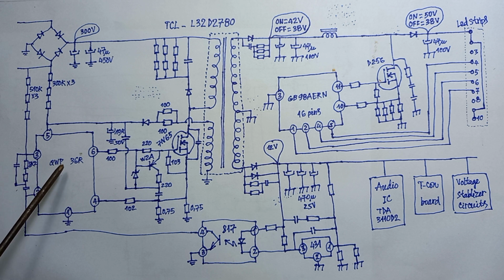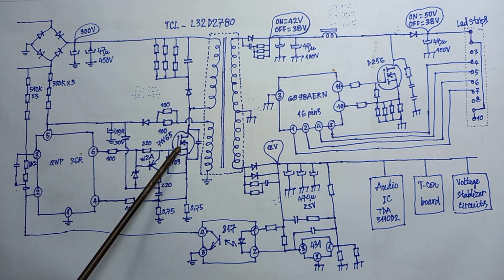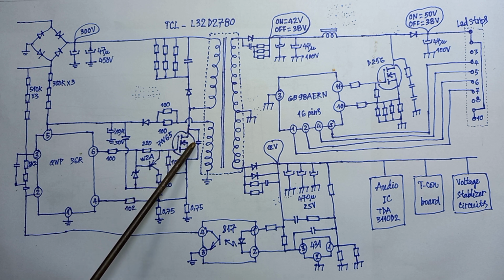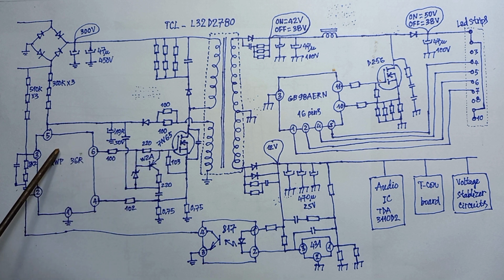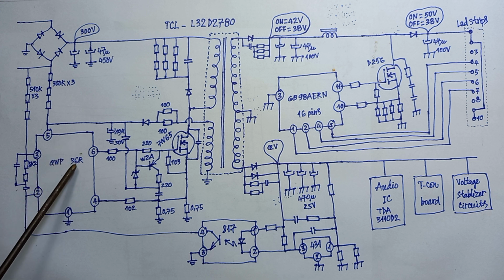Now you can see this IC will create the oscillation to provide for the MOSFET to work. This MOSFET will open and close continuously according to the frequency of this IC. The frequency here is about 100,000 cycles.